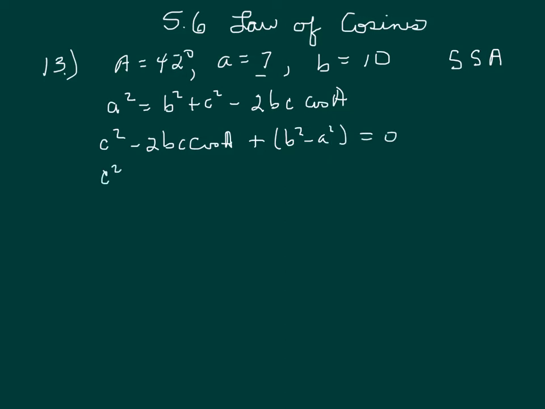C squared minus c times 2 times 10 cosine 42 degrees plus 10 squared minus 7 squared equals 0.